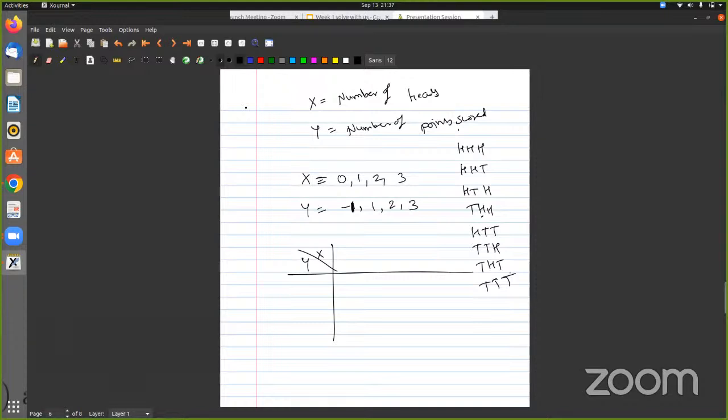The first head appears on the second toss means the first head appears on the second coin. So only these 8 possibilities are there, and these are the values taken by your random variables. So you have to find the joint densities for it.